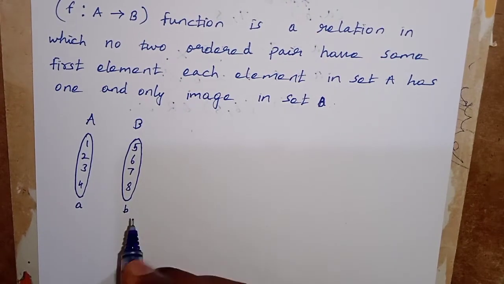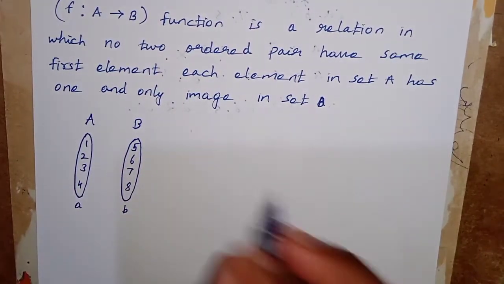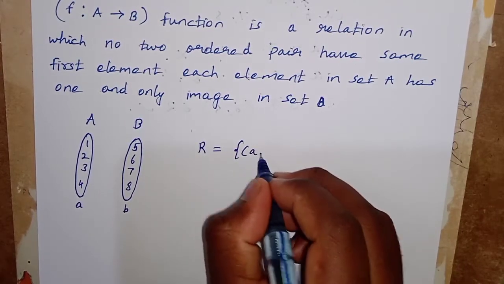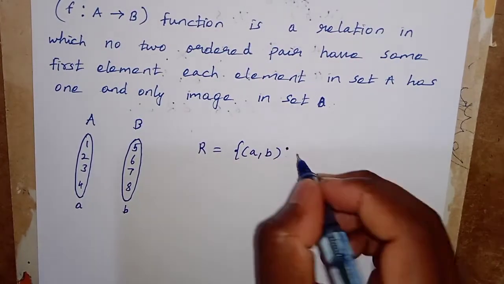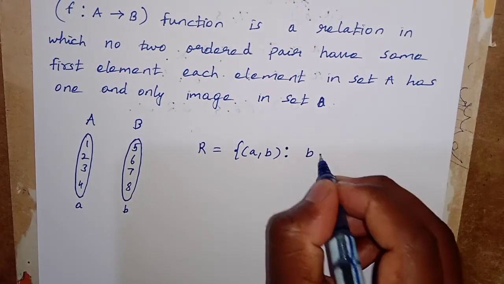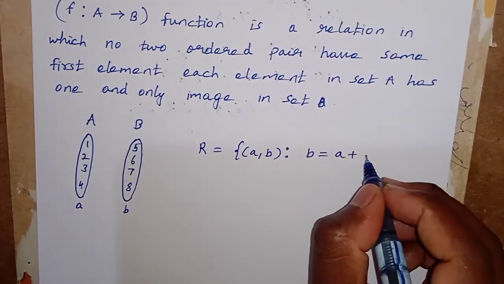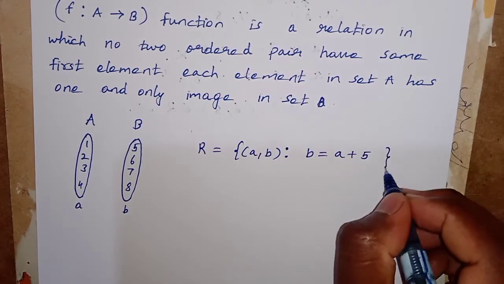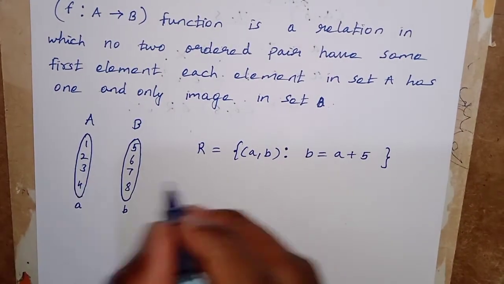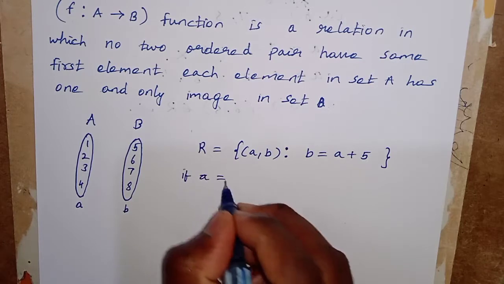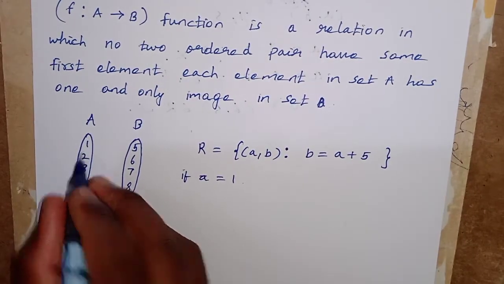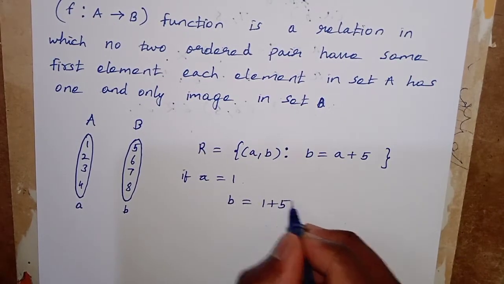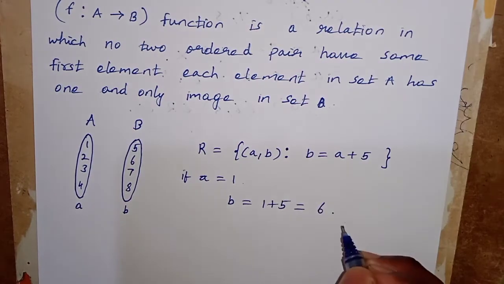Now here, for example, relation R equal to (a, b) such that b equal to a plus 5. First I am taking a equal to 1, first element, therefore b equal to 1 plus 5, equal to 6.